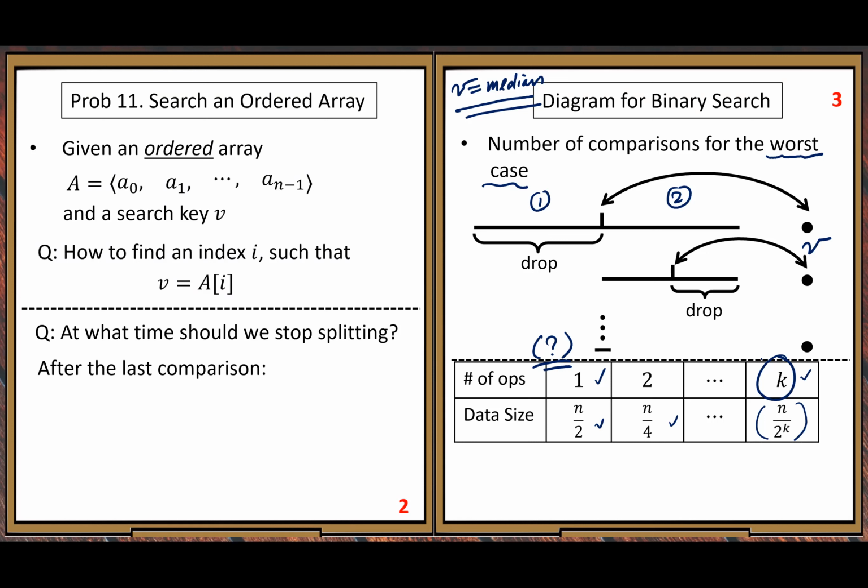So let's look at this. After the last comparison, let's look at the data size we have. Based on the chart here, we have some suitable data size we can use for our analysis. Think about if the data size is less than 1, should we do further splitting? Look at this fraction.